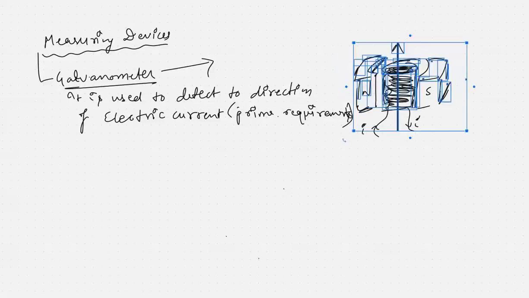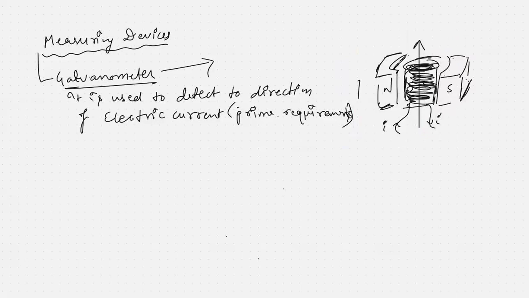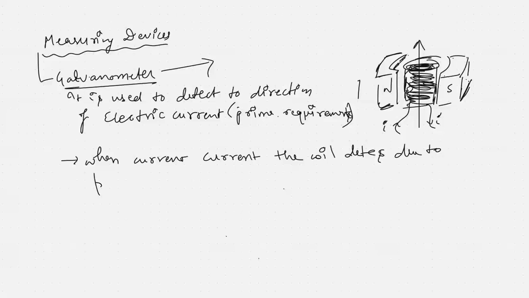If you have to discuss how this is actually working: when current is passed, the coil deflects due to the presence of magnetic field and electric current.